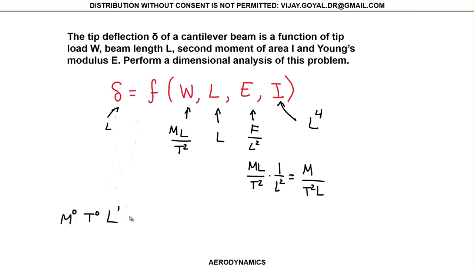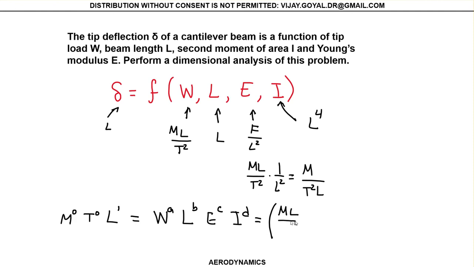I have 1 L, so just put 1. And on this side, we can go ahead and add some letters: W to the A, L to the B, E to the C, I to the D. We're going to take our dimensional analysis and put it there.